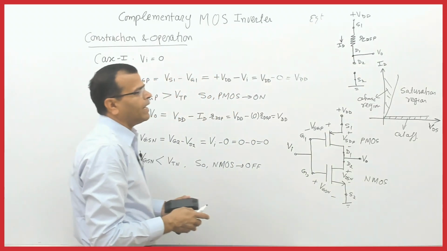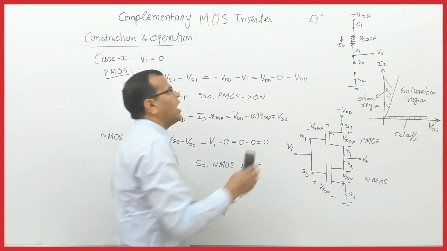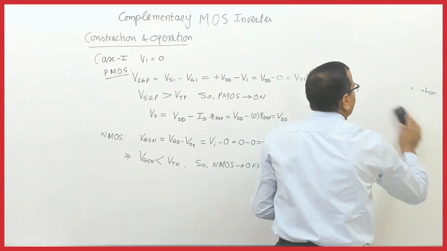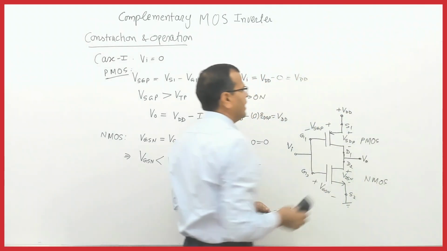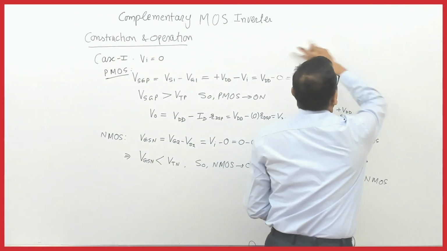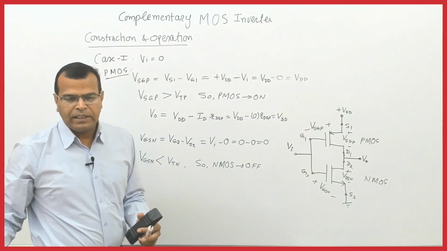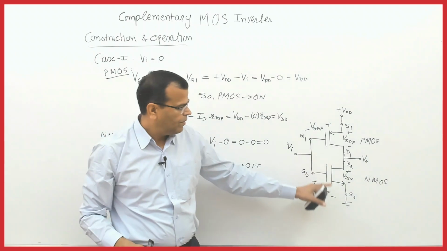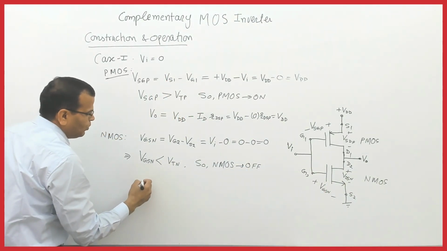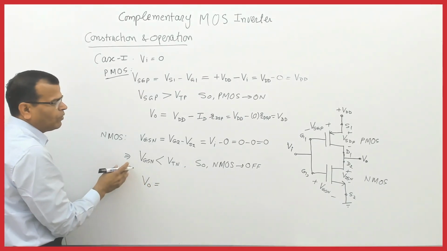Now if you see the characteristic here, I will draw I0 versus V0 characteristic. Let us see the characteristic. First let us see the characteristic of NMOS. For NMOS, what is the output voltage? I am talking about NMOS.